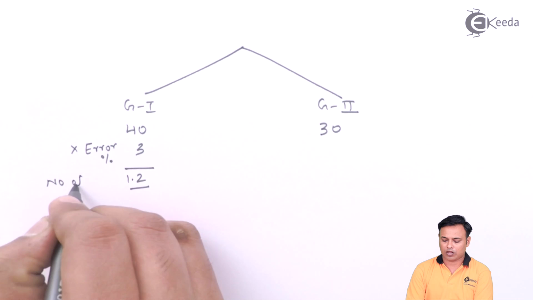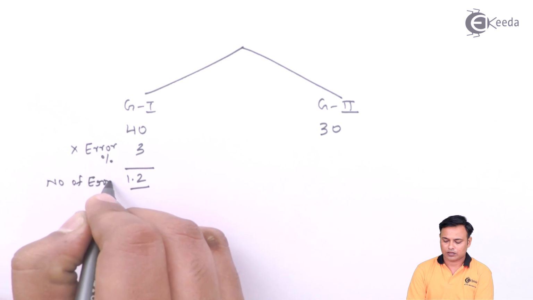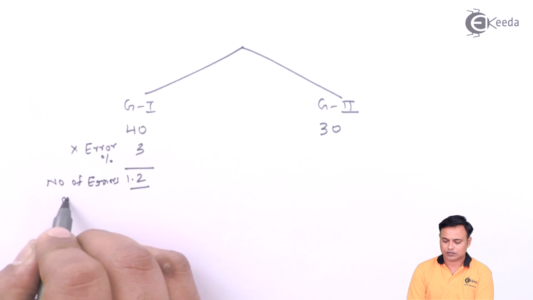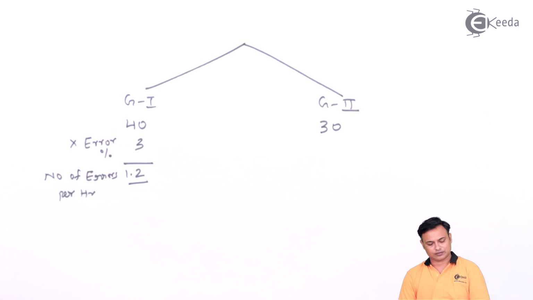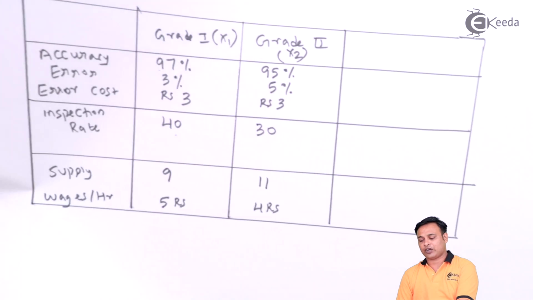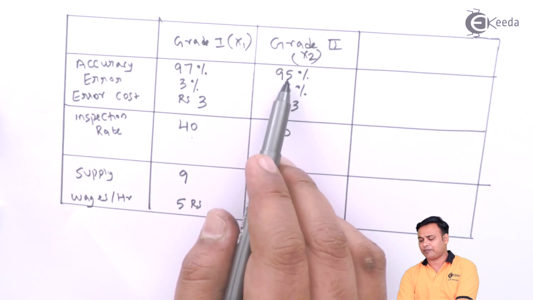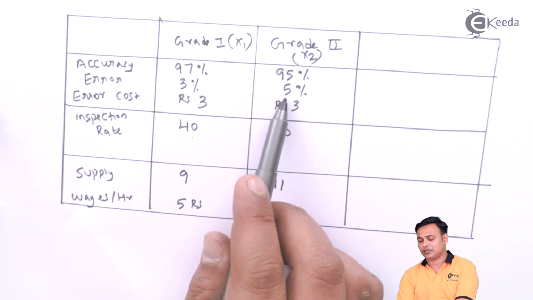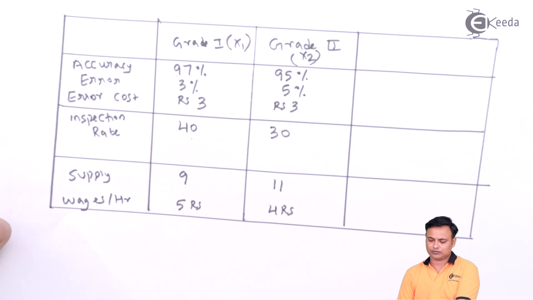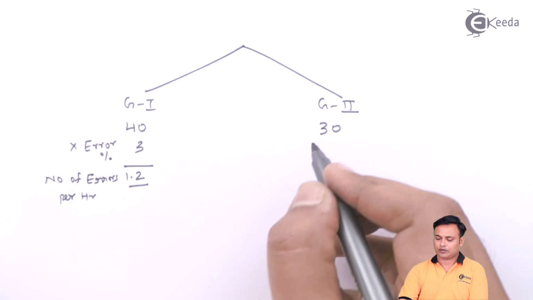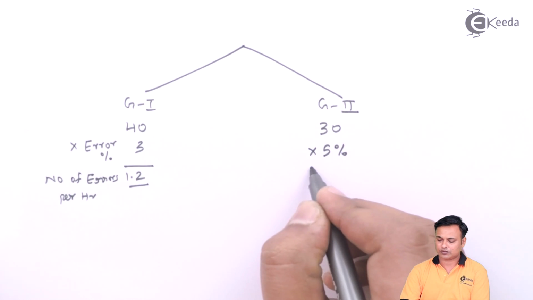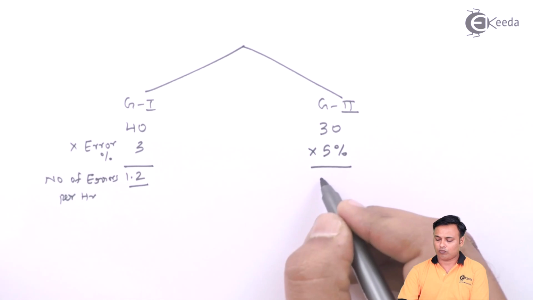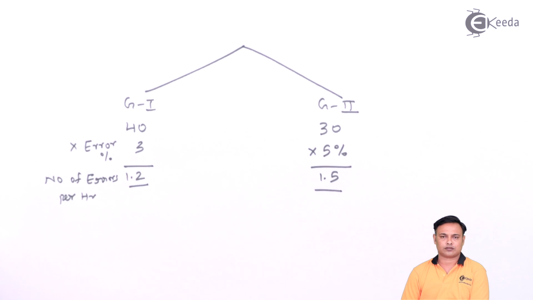So these are the number of errors per hour for grade 1. In case of grade 2, there is an accuracy of 95%, which means 5% chances of error. So multiplied by 5%, which comes to 1.5.